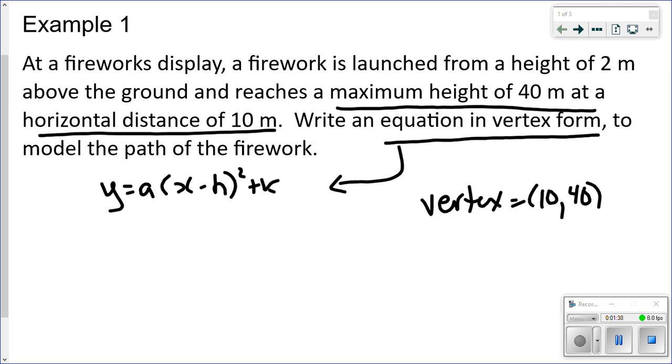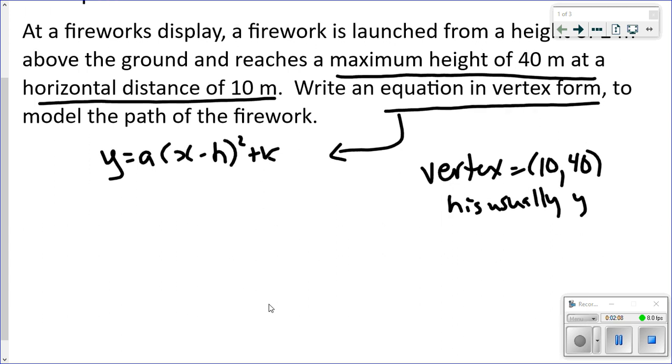And how do I know that it's 10, 40 and not 40, 10? Because H is usually Y. And I'd love to say that there's a better reason for that, but really, does height depend on distance or does distance depend on height? You could argue it either way. I've just done this enough that I know that height is usually Y, so I'm setting my equation up that way.